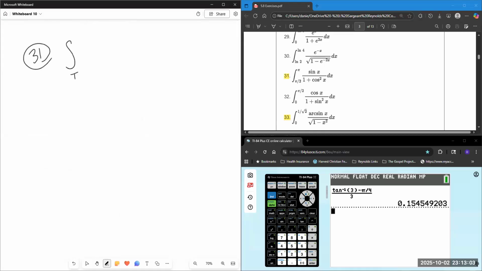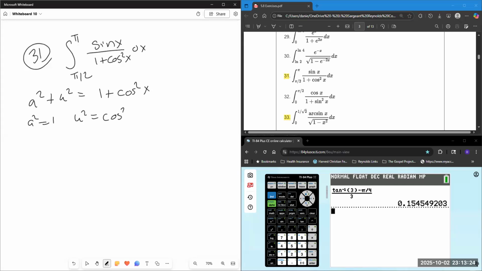31 is the integral from pi over 2 to pi of sine x over 1 plus cosine squared x dx. So a squared plus u squared is 1 plus cosine squared x. A squared is equal to 1, u squared is equal to cosine squared x.